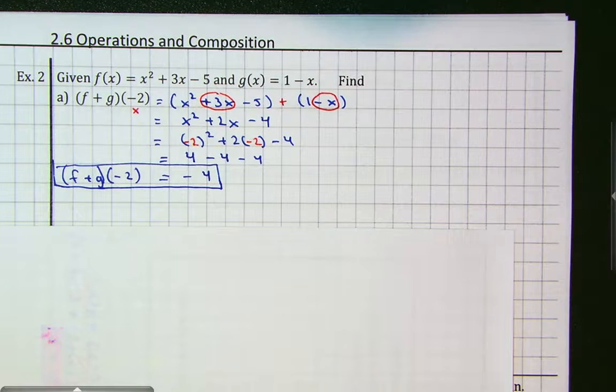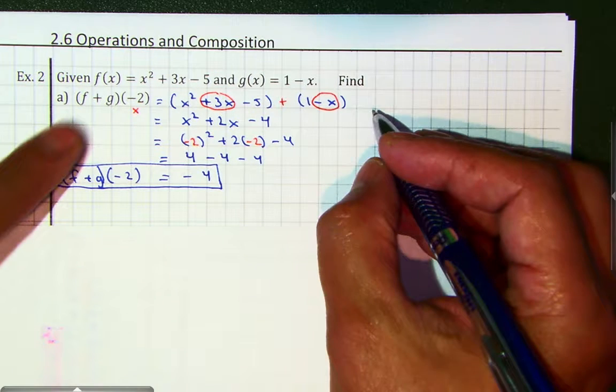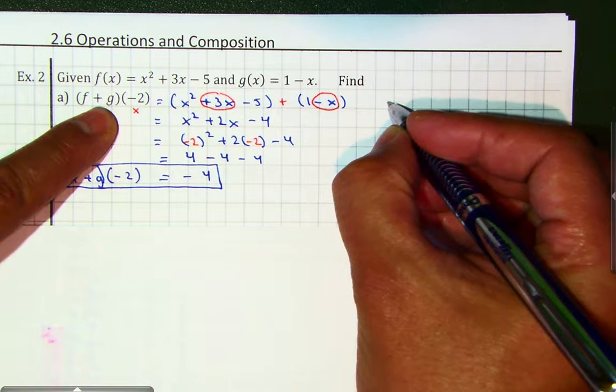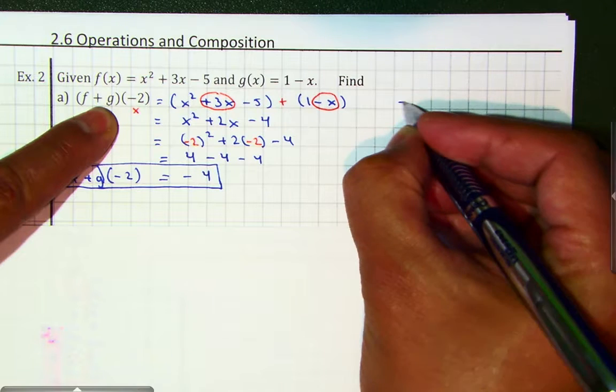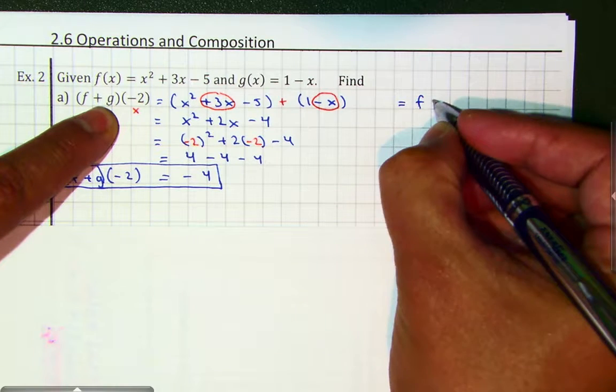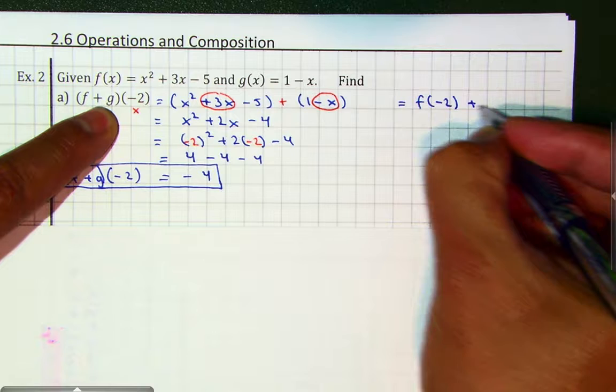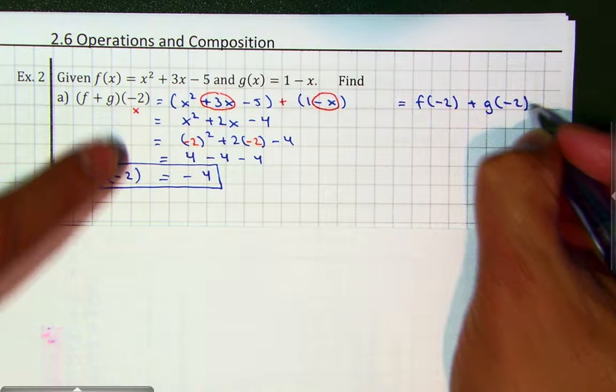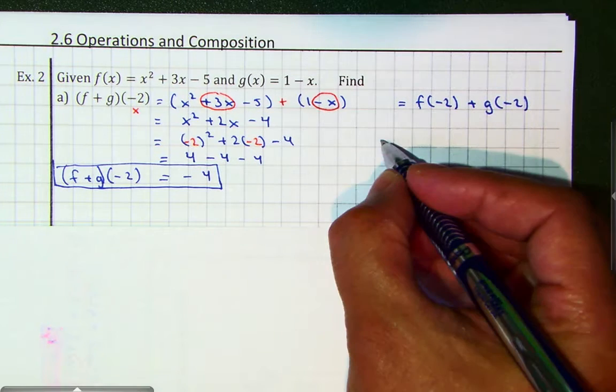Now, there's another way of doing this. The other way is to separate this first. So we can separate it as f of -2 plus g of -2 and evaluate each one.